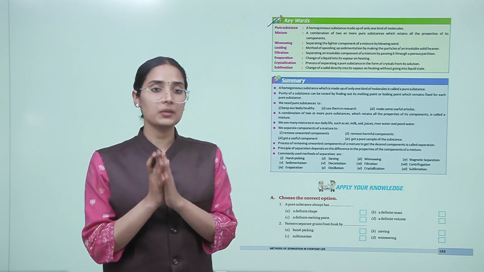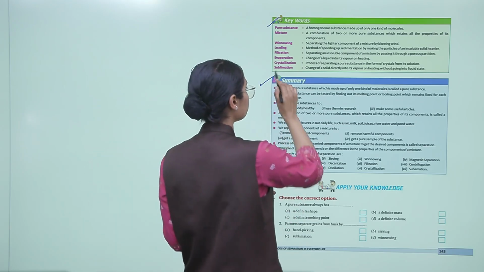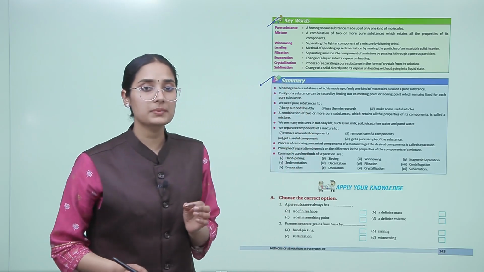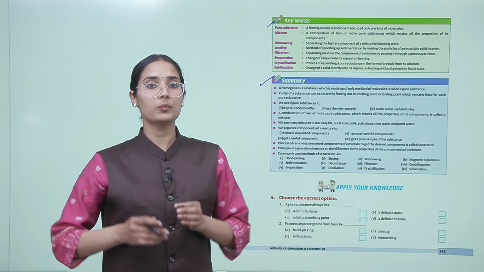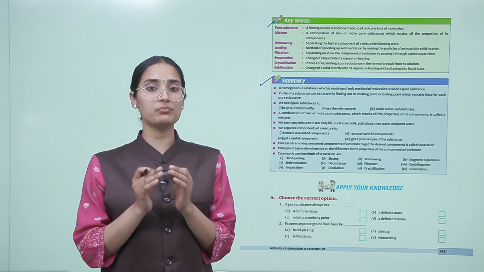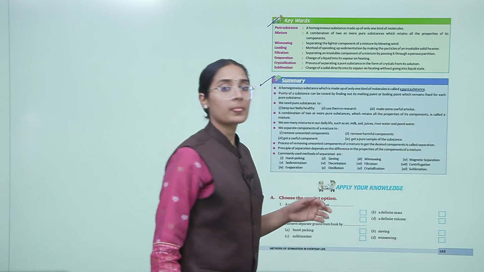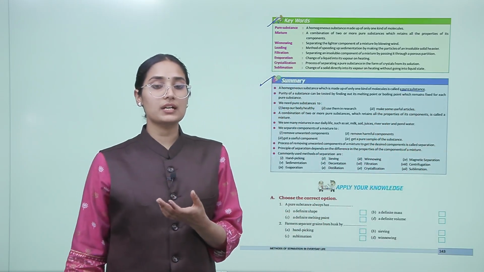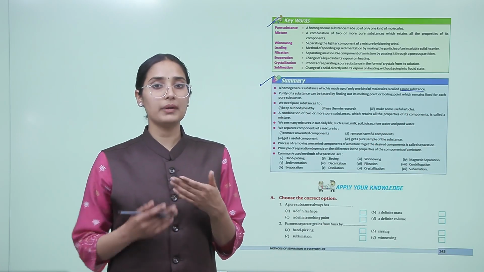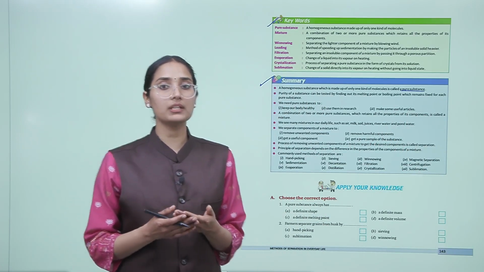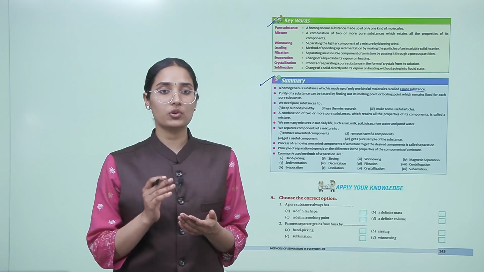Now let's get to the main points of this chapter. A homogeneous substance which is made up of only one kind of molecule is called a pure substance. Purity of a substance can be tested by finding out its melting point or boiling point, which remains fixed for each pure substance.